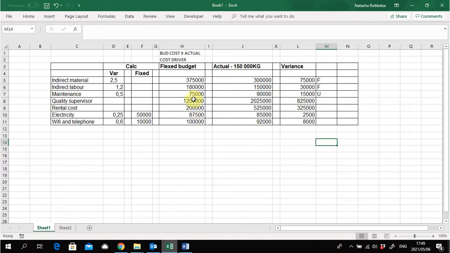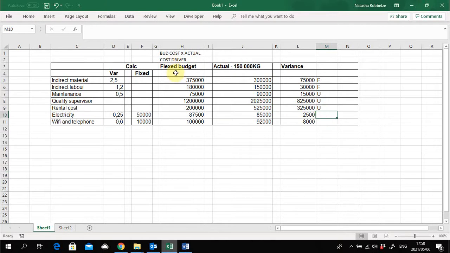If I look at the quality supervisor, you will see that there is a 1.2 million and a 2,025,000 Rand. I definitely overspent. I overspent by 825,000, which makes this unfavorable. If I look at the rental cost, it was 200,000. The actual that I spent was 525,000, and I definitely overspent, which makes it unfavorable.